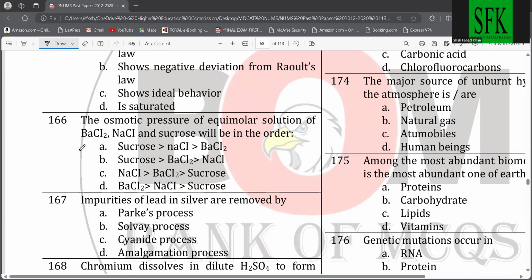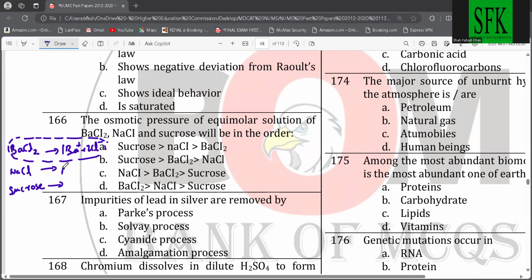Yeah, now this is a good question. Equimolar means 1 mole of each. If you dissolve all three of them in water, what happens? You get one barium and two chloride in here, right? This is the one where you got the most number of moles of the solutes.